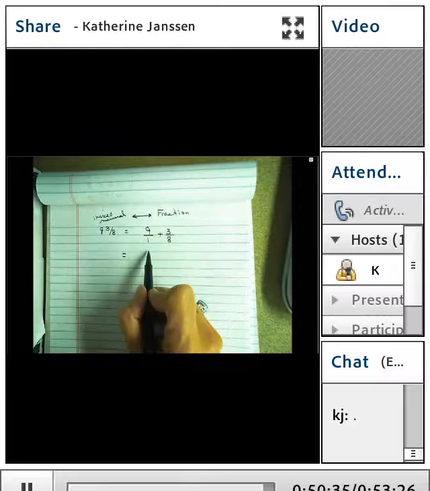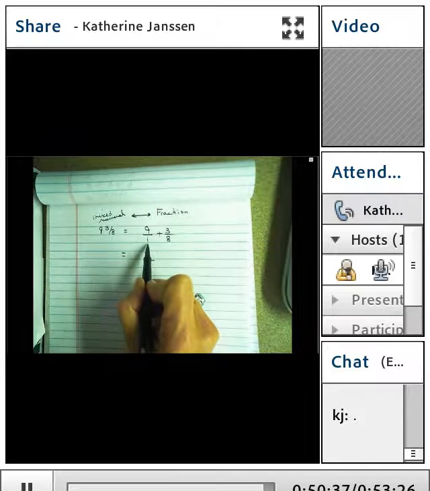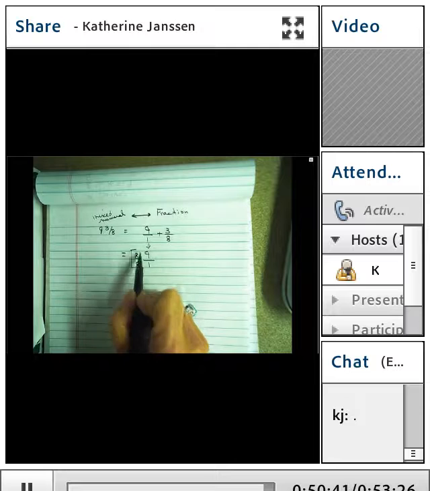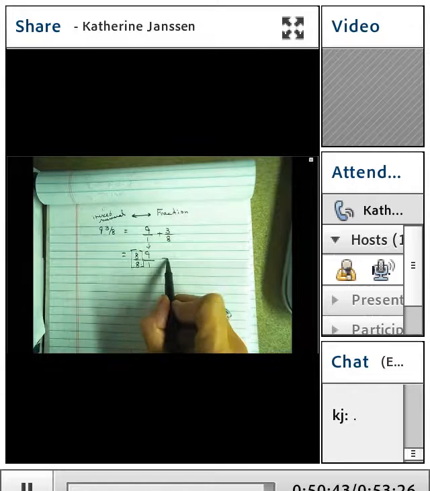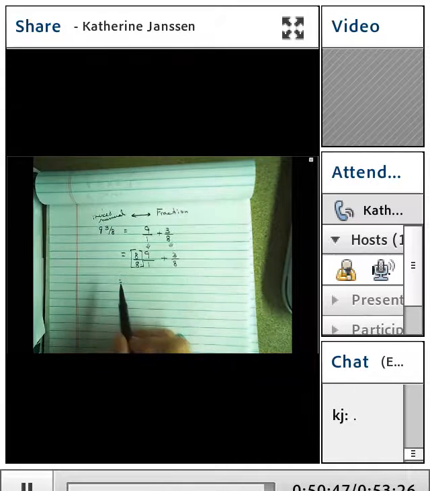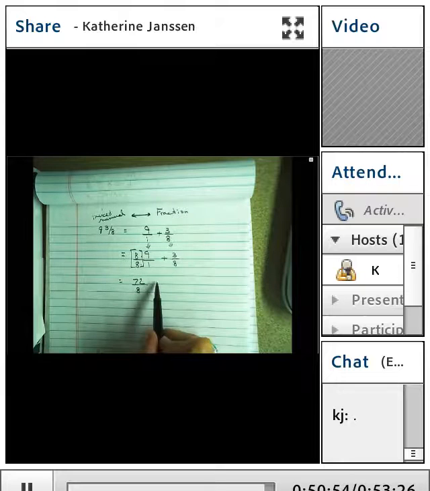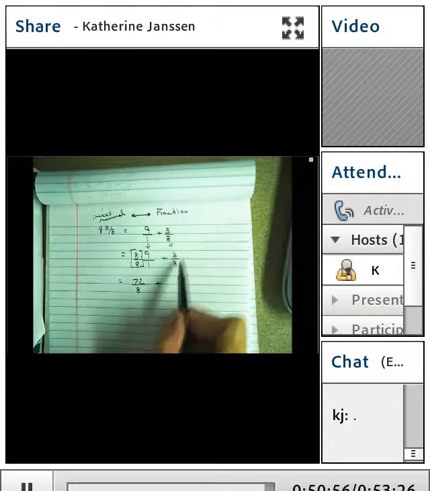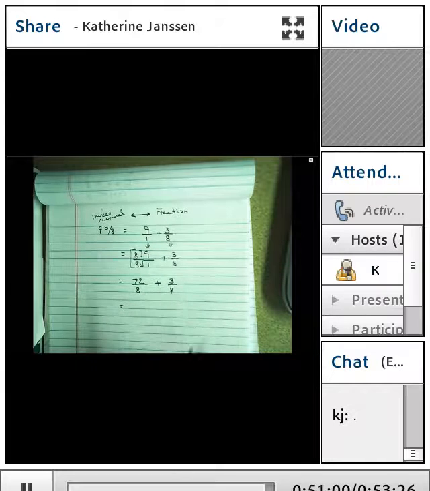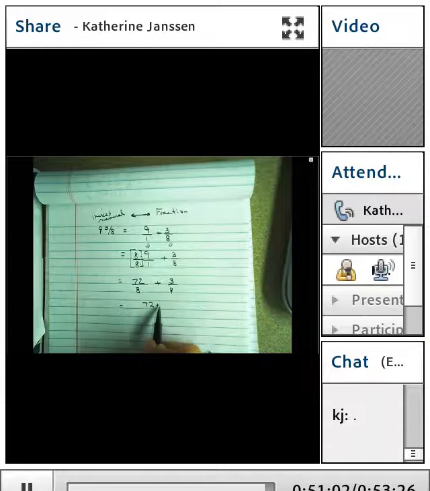So I'll convert 9 to its equivalency in eighths. Multiply the denominator and the numerator by 8 plus, and this is already an eighth, so we'll just bring that down. 8 times 9 is 72, and 8 times 1 is 8, plus 3/8. Now I see that I have my common denominator, so I can add my numerators all over the common denominator of 8.